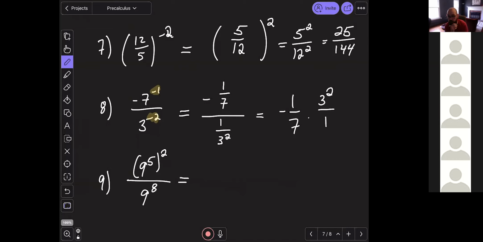So we can very quickly get out of that. Then this would be 9 over 7, and we still have that negative out there, so this should end up simplifying to negative 9 over 7. Okay, so this one is probably one of the more challenging ones that we've seen so far.